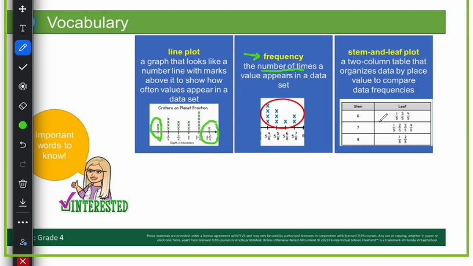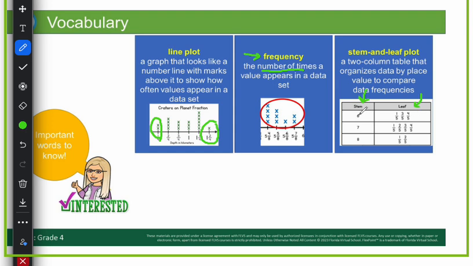But then I also have something called a stem and leaf plot. A stem and leaf plot is a 2-column table that organizes data by place value and compares various data frequencies. For example, I have the number 6 as the stem. This is the whole number. So this is 6, this is 7, this is 8. My leaf in this case is the fraction portion.